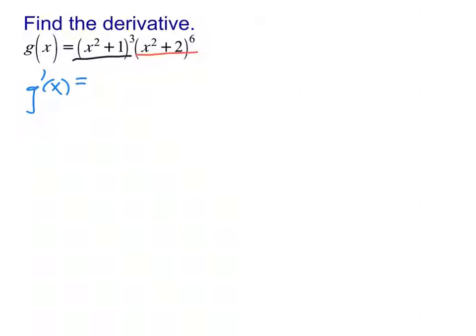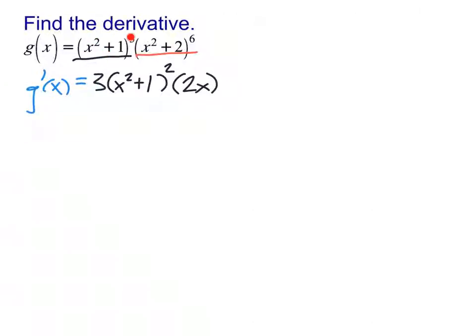So that means it's going to be 3 times something to the power of 2. And that something is whatever was originally inside the parentheses. And then that is now times the derivative of the inside, which is 2x. So this is just the derivative of this function here using chain rule.